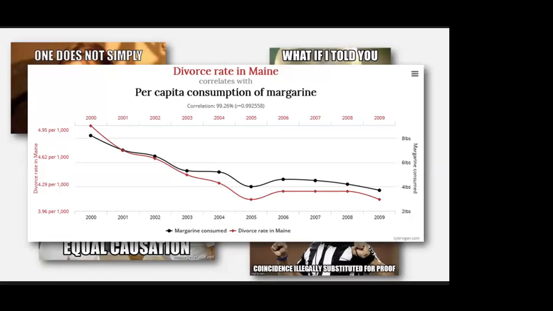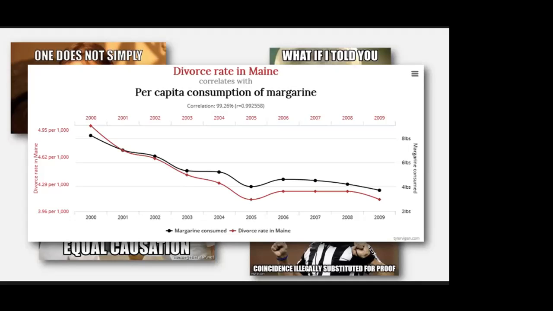They're both decreasing. But this doesn't necessarily mean that the less margarine that is consumed, the fewer divorces happen, or the fewer divorces that happen, the less people consume margarine, right? We have a correlation. They're both moving in the same direction, but they probably have nothing to do with each other.